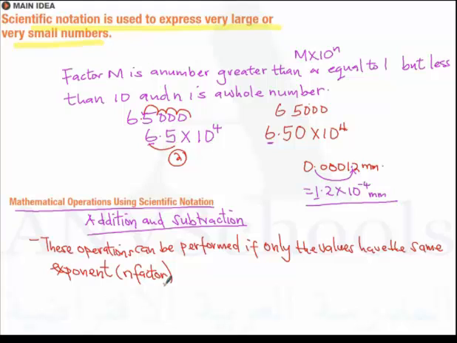The exponent of the answer can remain the same, or it may require adjustment if the m factor of the answer has more than 1 digit to the left of the decimal. So let's consider an example so that it's easier for you to pick what we mean here.